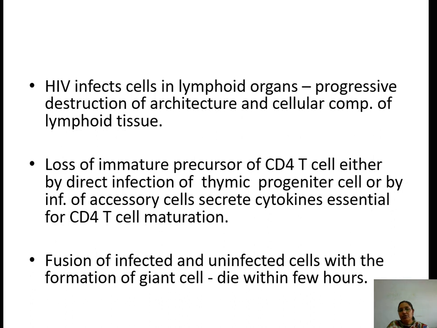Now there is loss of immature precursors of CD4 T cells, either by direct infection of thymic progenitor cells or by infection of accessory cells that secrete cytokines, which are essential for T cell maturation. So there is loss of these cytokines also, and loss of precursors. Now fusion of infected and uninfected cells will lead to formation of a giant cell, and the giant cell will die within a few hours.